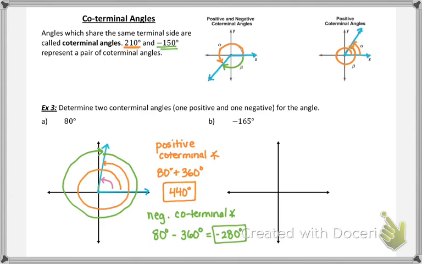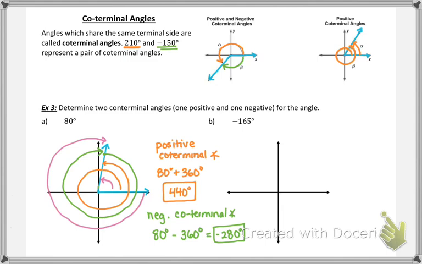And negative 280 degrees is simply just from here at the initial side, negative 280 degrees. 270 plus 10 more, negative 280 degrees.